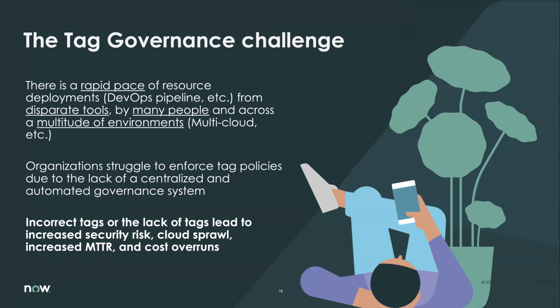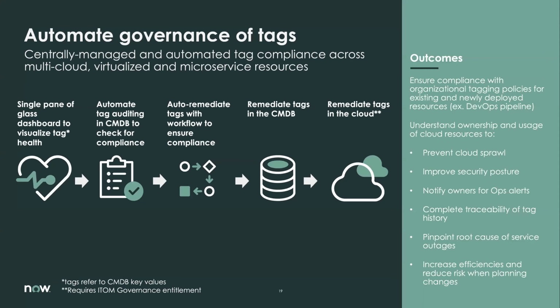The Tag Governance app helps to set up tagging policies consistently, giving you better governance and establishing compliance. Here on this slide, we see the many benefits of automating the governance of tags through a single dashboard utilizing our CMDB. ServiceNow Tag Governance helps to identify CIs or cloud resources that are inconsistent and do not comply with the policies that you configured to govern tag data.